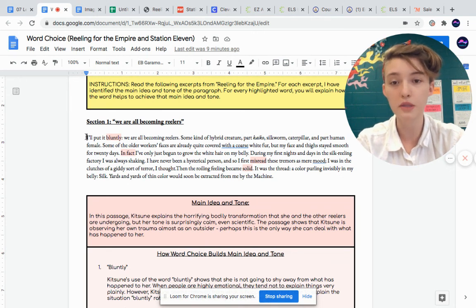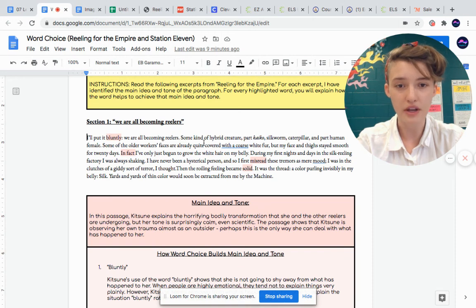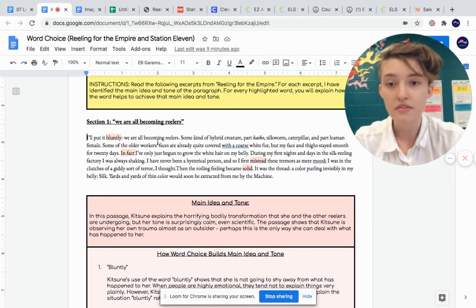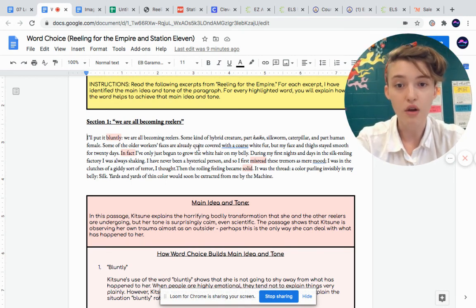I'll put it bluntly. We are all becoming reelers, some kind of hybrid creature, part kaiko, silkworm, caterpillar, and part human female. Some of the older workers' faces are already quite covered with a coarse white fur, but my face and thighs stayed smooth for 20 days. In fact, I've only just begun to grow the white hair on my belly. During my first nights and days in the silk reeling factory, I was always shaking.